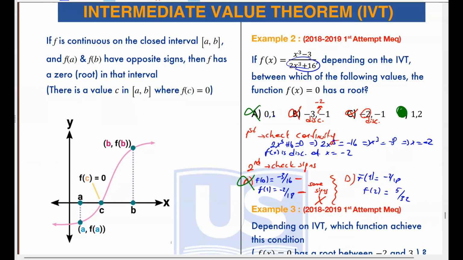So finally, f of 1 is negative, f of 2 is positive. I have opposite signs, so that checks. That's my answer. That's what I am looking for. The function is continuous over the interval between 1 and 2, and f of 1 and f of 2 have opposite signs, so that's exactly what I'm looking for.